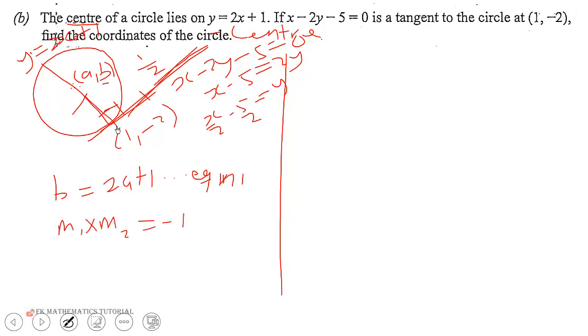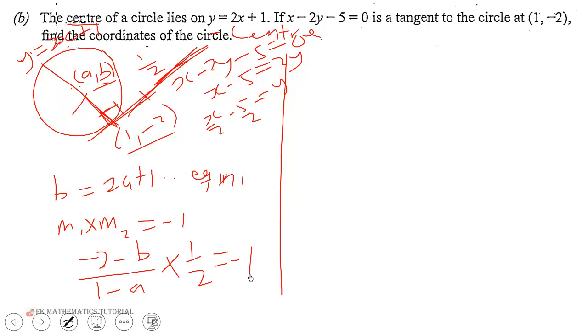So the gradient of this line is given by -2 minus b over 1 minus a, using this point and this point. So times the gradient of this line, which is half, should be equal to -1.